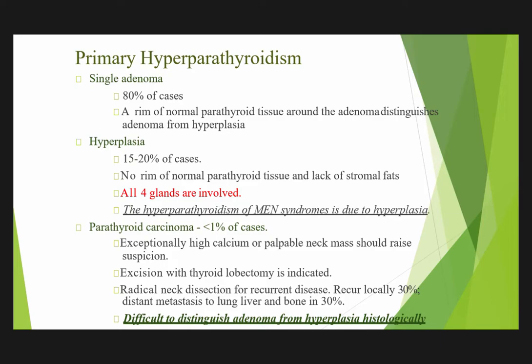Hyperplasia is 15 to 20% of cases. Usually, if it is hyperplasia, all four glands are involved. In most cases, these tumors are benign. Parathyroid carcinomas may be present only in 1% of cases, but it is also possible to see sometimes malignancy.